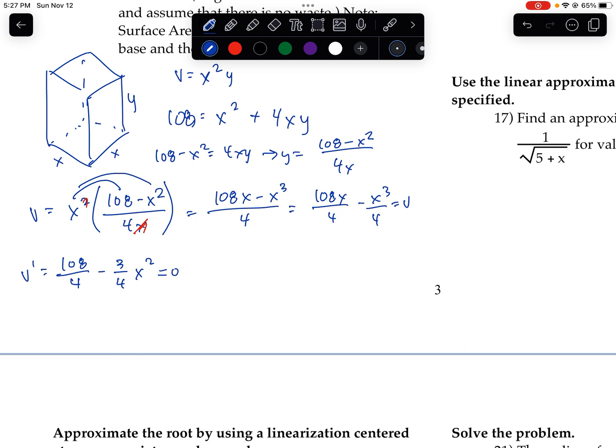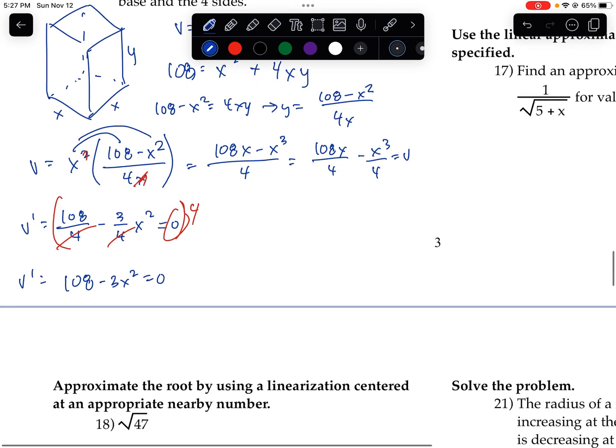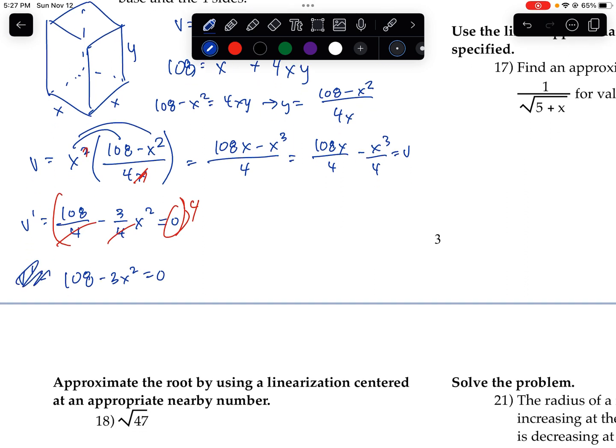I'm going to multiply everything by 4, which would just get rid of those. So we get 108 minus 3x squared equal to 0. And so then we get 3x squared is equal to 108. Divide by 3, take the square root.